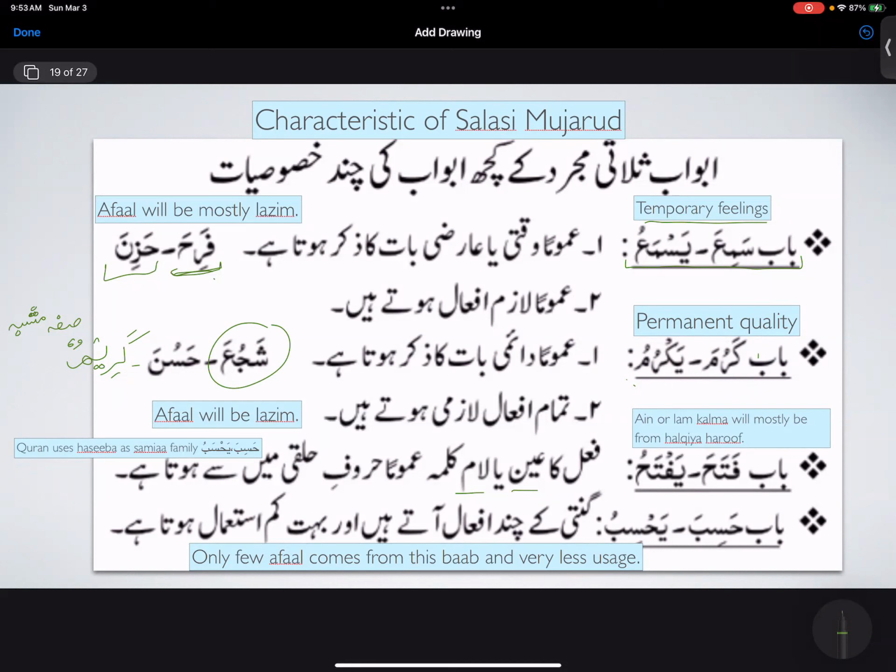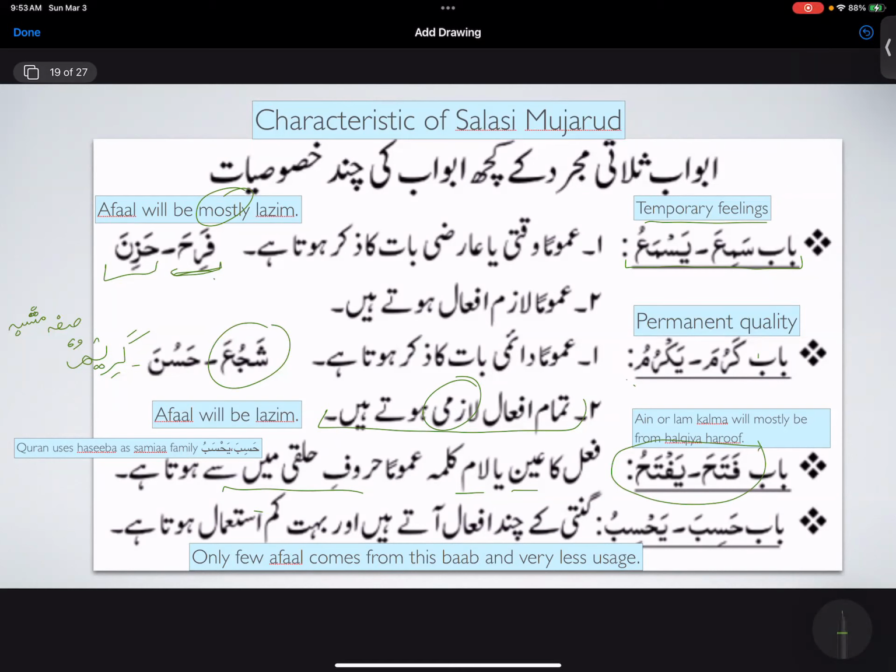Then afal are lazim. Over here we are saying mostly, but over here I think it is 100 percent, so they are lazim. Then we have the bab Fataha Yaftahu. The ain kalima and lam kalima are going to be huruf halqiya, as I said before. So when we see that the ain kalima and lam kalima are huruf halqiya, our mind should go to the Fataha Yaftahu family.